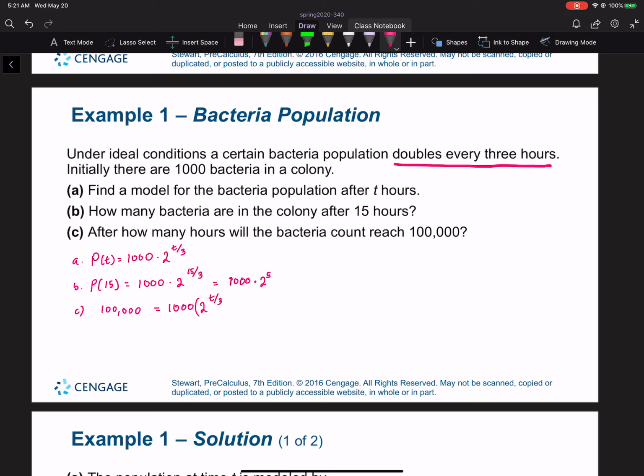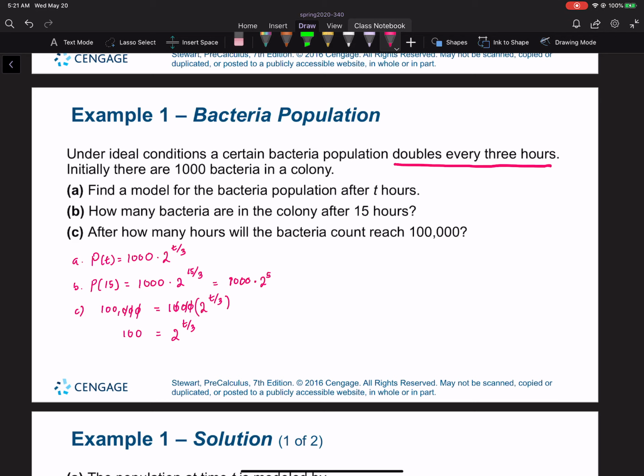Okay. So now our job is to solve this. So I end up with 100 is equal to 2 to the t over 3. Okay. At this point, what I'm trying to solve, t, is an exponent, which is the variable that I'm trying to solve.